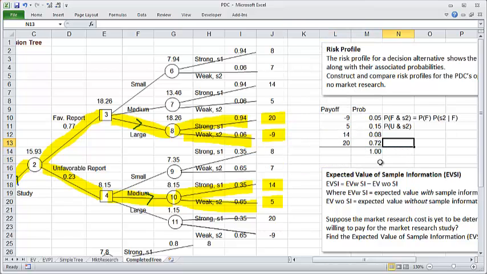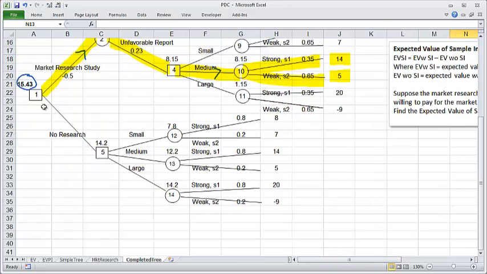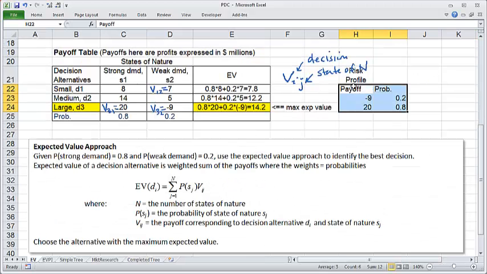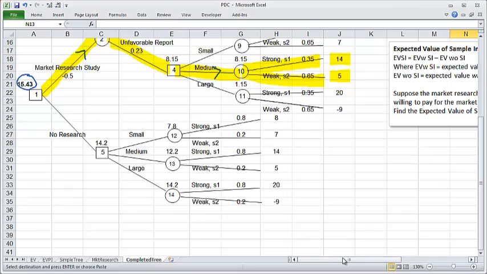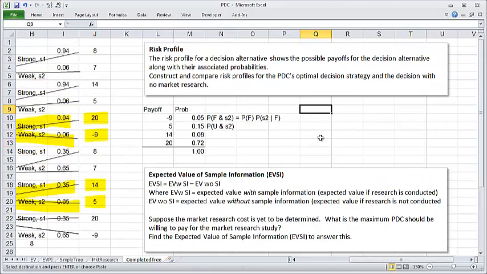So, that makes sense. Now let's compare this to not doing the research. If we don't do the research, we would just build a large condominium complex, and that will give us either 20 or a loss of -9, with these probabilities. We actually built the risk profile for this case before over here. So I'm going to just copy this over next to the newer risk profile.